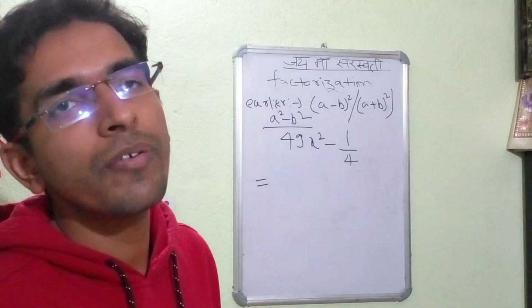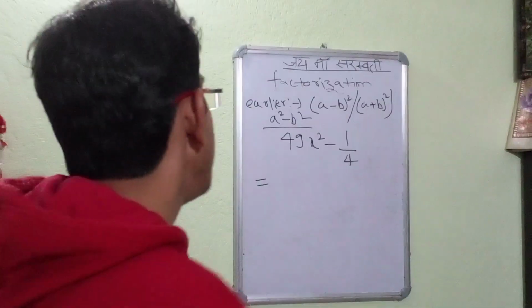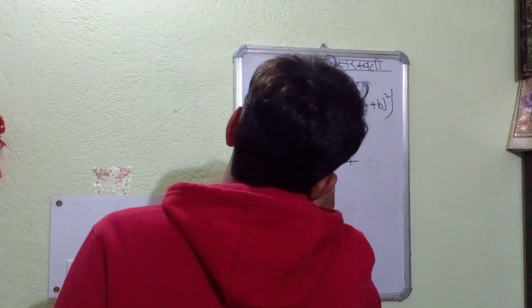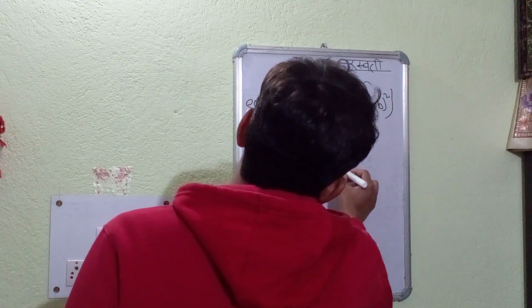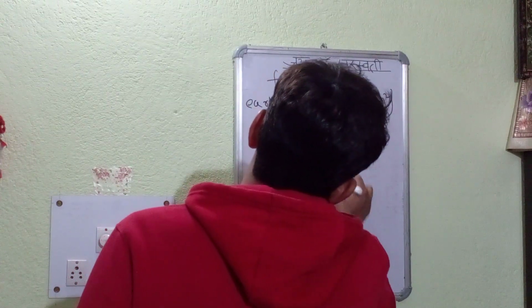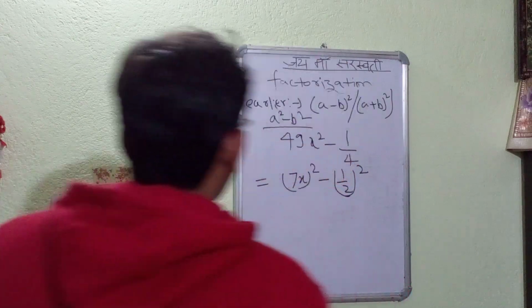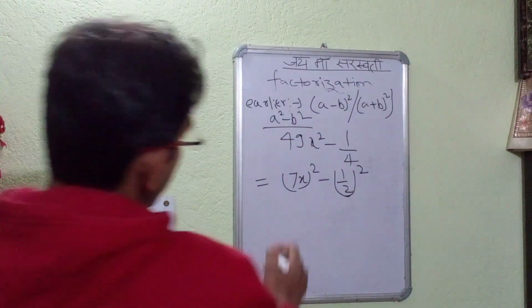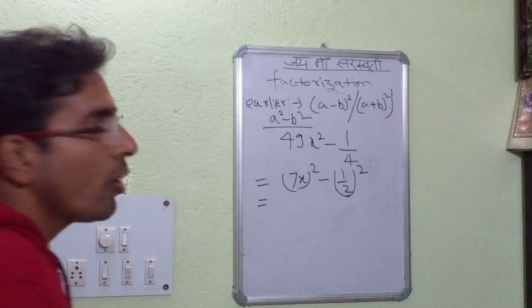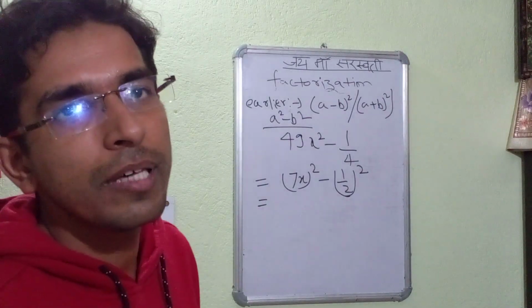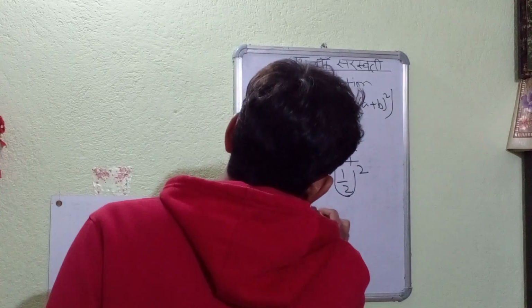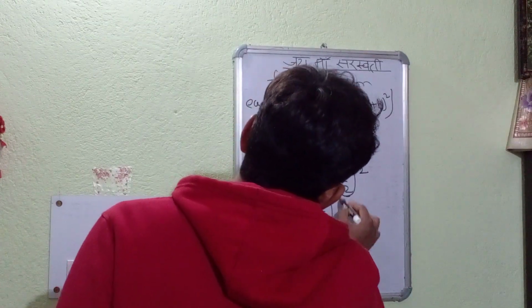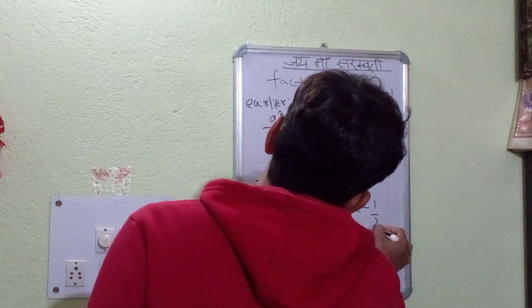It is in the form of a square minus b square. So it will be 7x the whole square minus 1 by 2 the whole square. A square minus b square we write as a plus b into a minus b. So it will be 7x plus 1 by 2 into 7x minus 1 by 2.